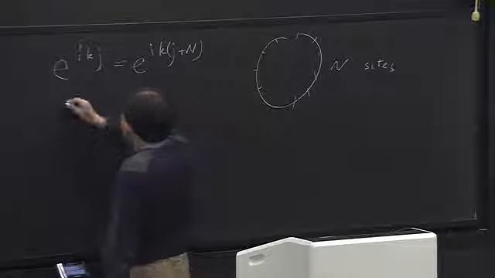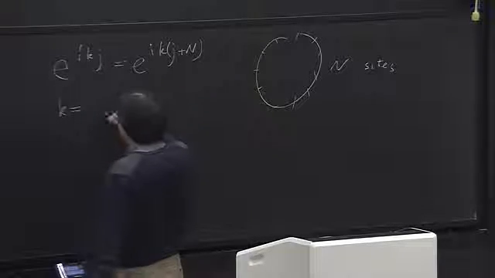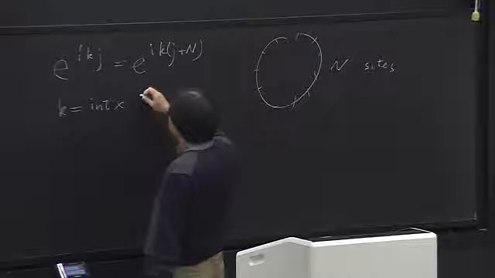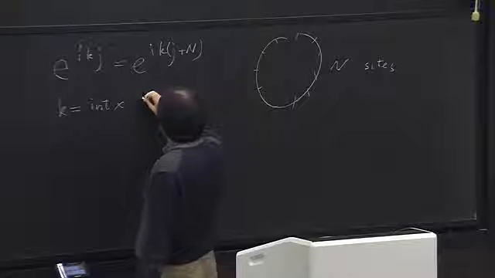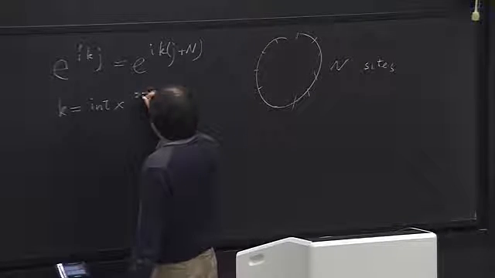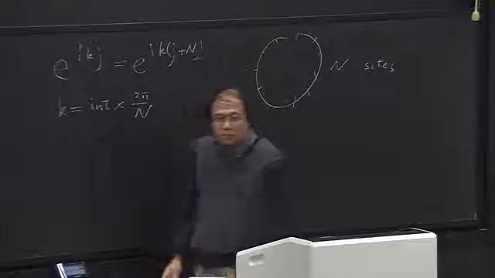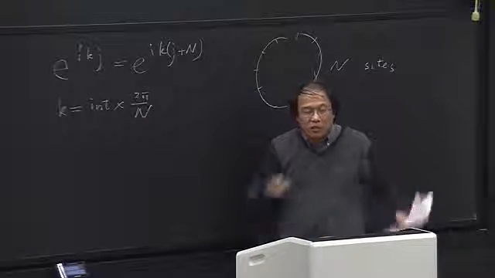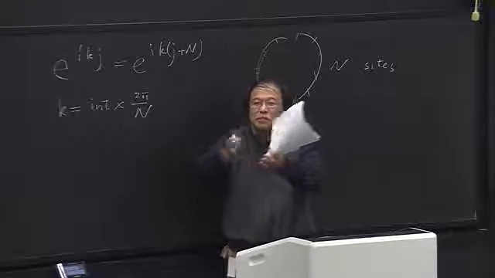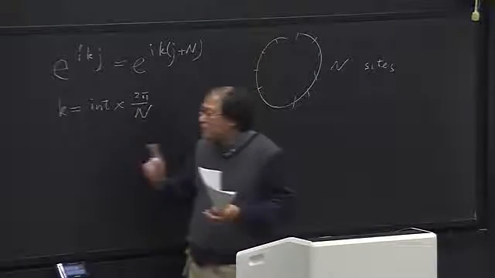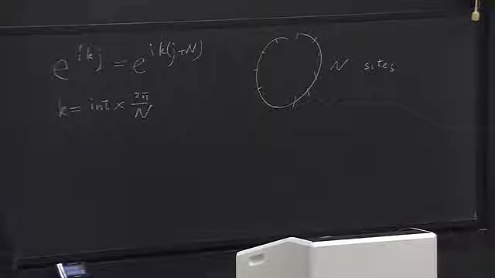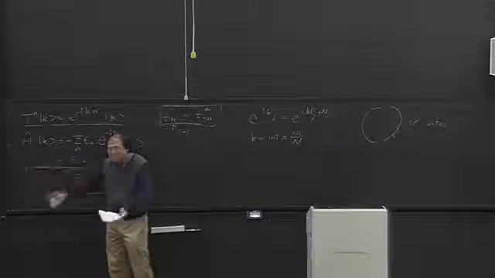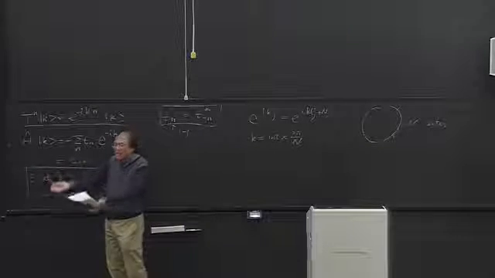This really requires that k is quantized, an integer times 2 pi over n. Only those k are legal. So k is not any real number, it's some discrete value. Using these discrete values, we can just plug those legal k here. We get a bunch of numbers, and this bunch of numbers is actually the eigenvalue we are looking for.